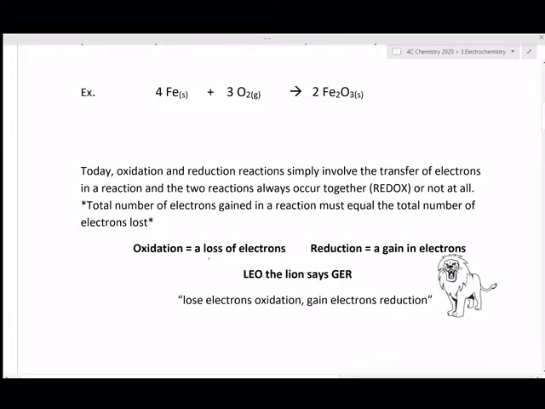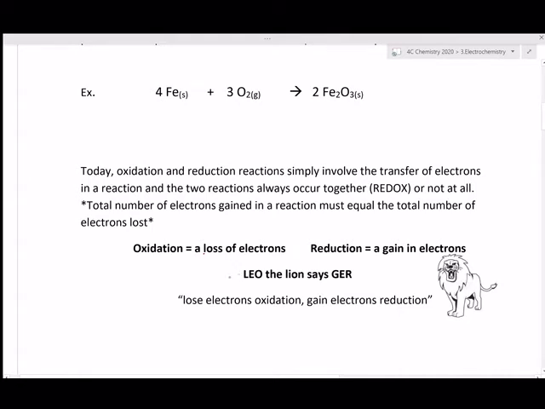We have a little acronym here that can actually help you. Leo the lion says GER. When you lose electrons, you have oxidation. Oops, I'm touching the wrong spot here. I was thinking something didn't seem right. There we go.